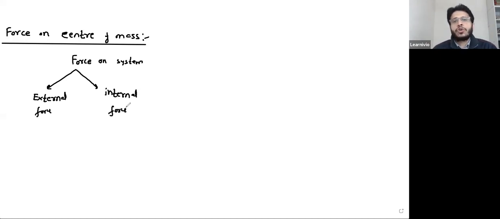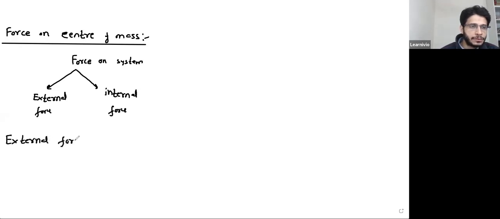So before starting this force on center of mass or conservation of momentum of center of mass, you should have a very clear-cut division in your mind that the forces that you will encounter may be external or they may be internal forces. So let's differentiate what is external and what is internal force. External force here means force acting on the system by agencies out of the system. If I give an example, say the system is of Earth and Moon. Earth and moon together form a system.